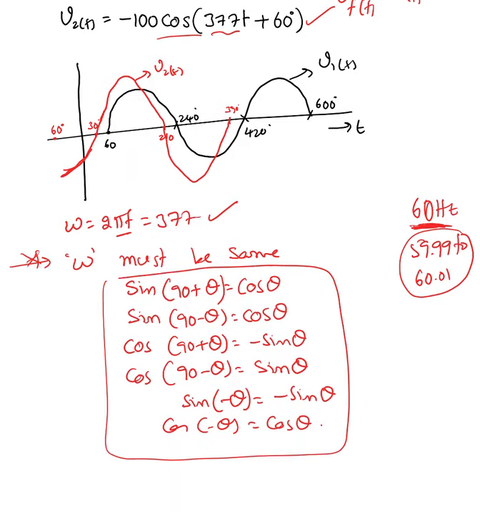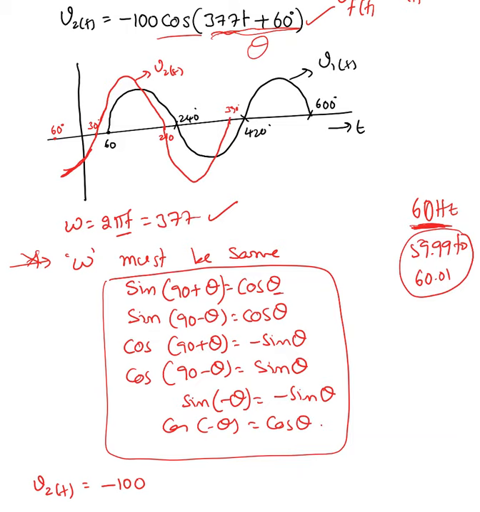Now I'm going to convert V2 of t into sine. I have V2 of t equal to minus 100 cos, and I'm going to take this whole thing as theta. To get sine theta, all I need to do is add 90 degrees.